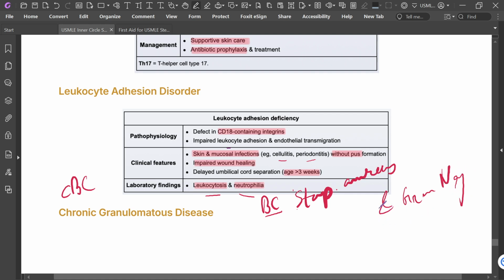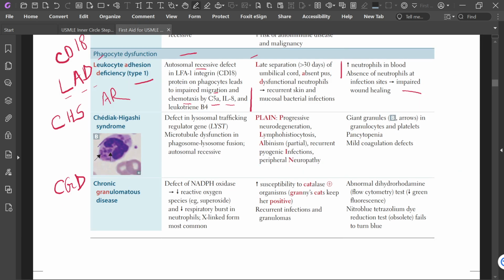Biopsy shows inflammatory infiltrate but without neutrophils. The diagnosis is confirmed by flow cytometry. What we'll find here is deficient CD18 expression on the surface of the leukocytes.